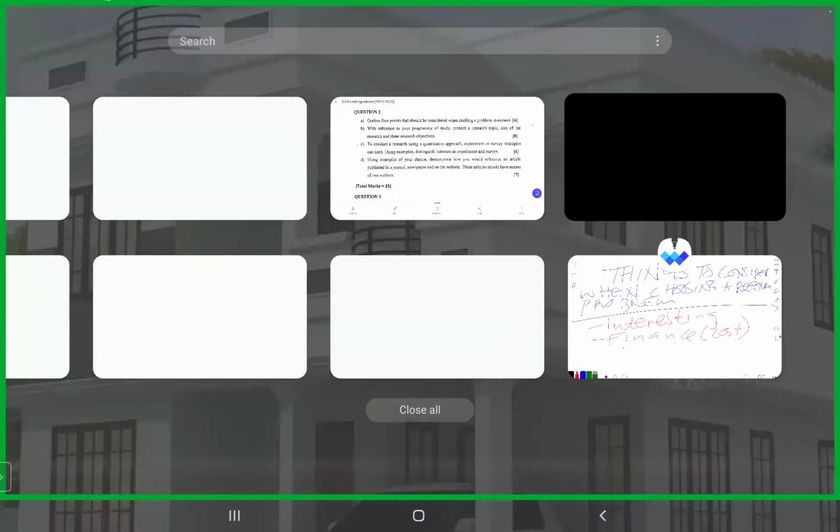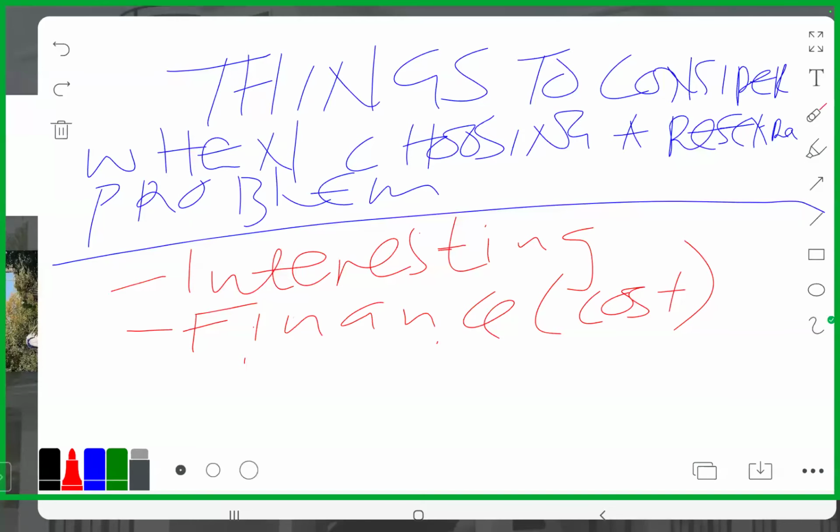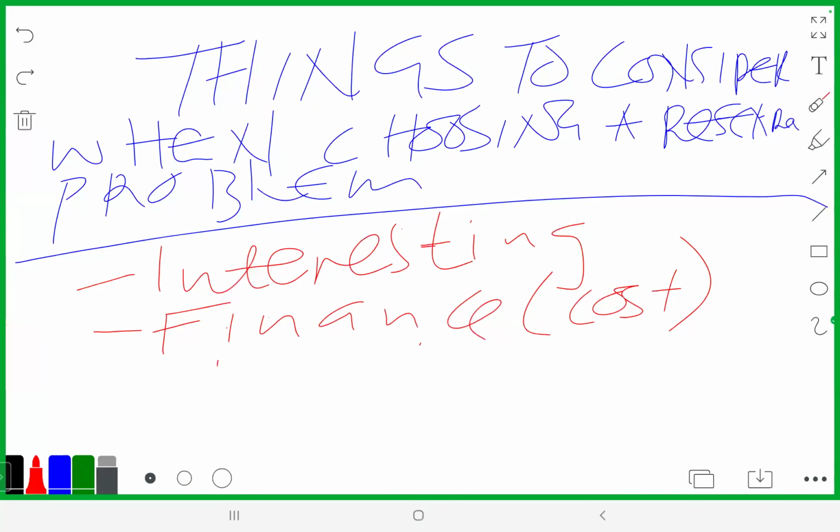We have to consider the costs of doing the research. That's why if you go through research proposals, you're going to find that they usually have a budget. There's a part where you put the budget. If you are proposing to this institution or to your sponsors, you may add a section for the budget.